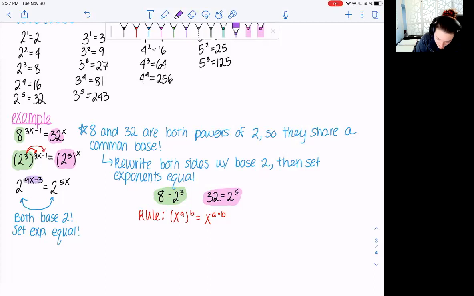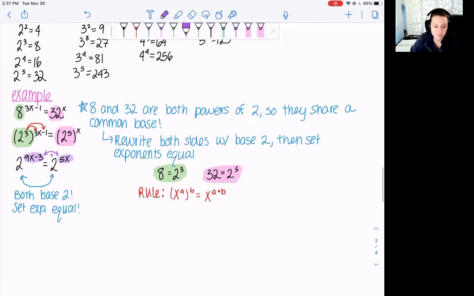So I am taking this exponent and this exponent, and we're just going to set them equal and solve.